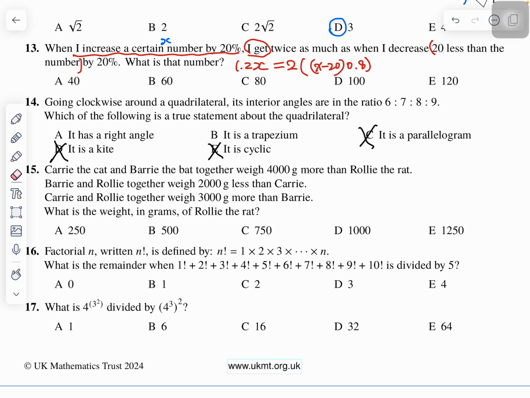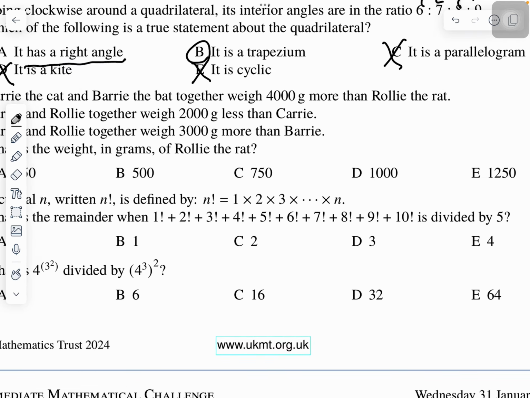But if we make 15, 15, this is congruent. So actually we can define this quadrilateral as maybe a trapezium. This one, I think we need to calculate as we did before.